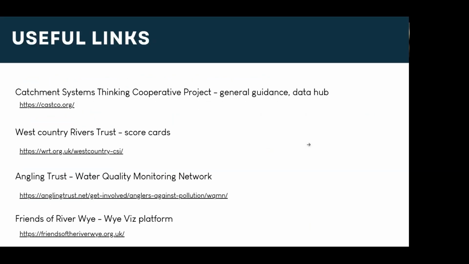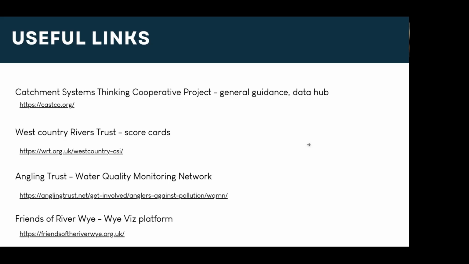And I'm hoping these slides will get shared with you, because I have put the links in here to a few different places that I thought would be good points for you to look at. So one being the Casco project website. There's lots of guidance on there around broader monitoring guidance, but also links to their data hub, where you can already see some of the data that has been pulled in from various points, so Environment Agency data, existing citizen science data in particular areas.